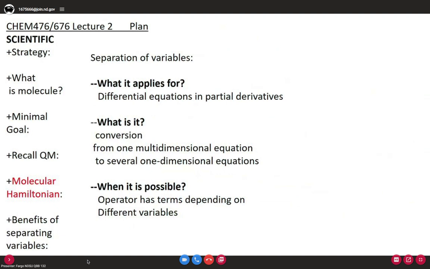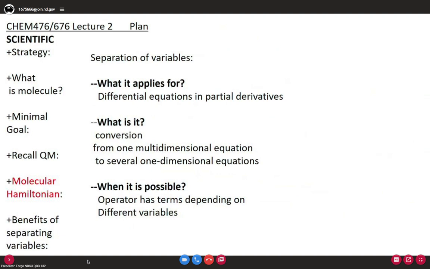So the idea that Kevin brought in is separation of variables. Represent a function where we have a list of variables, like psi of x and y, as a product of two little psi functions, the first a function of x and the second of y.